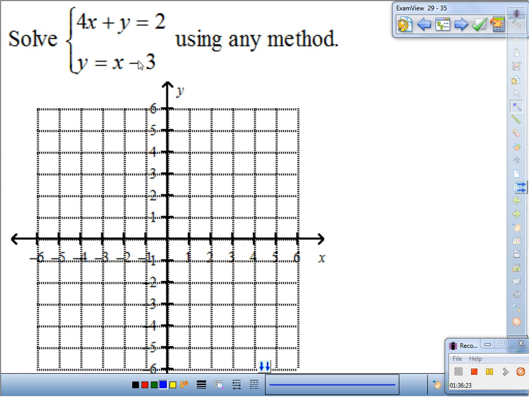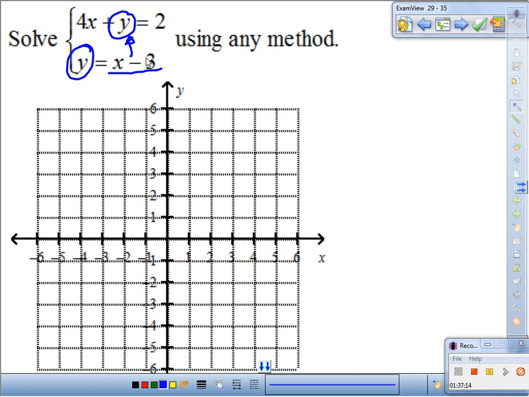Look at this one. What do you want to use to solve that? Which method? Zachary. Substitution? All right, let's use substitution. Here we go. So, I'm going to substitute the second equation into the first because the second one is already solved for y. What is y? X minus 3. So on the first equation, instead of writing y here, what do we write?